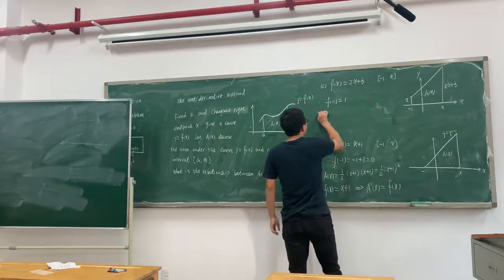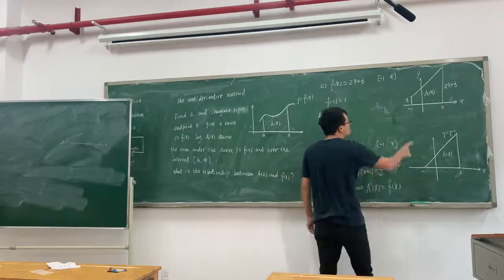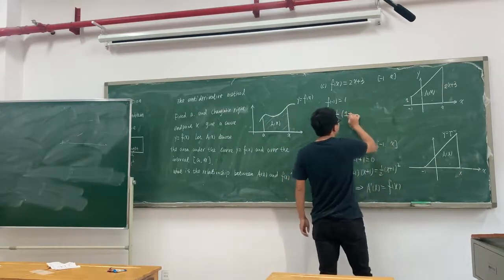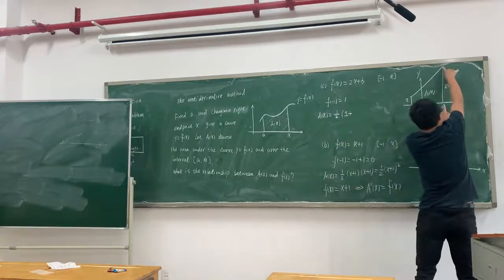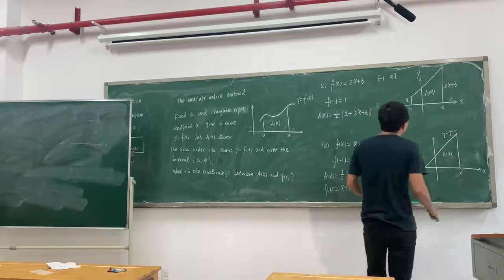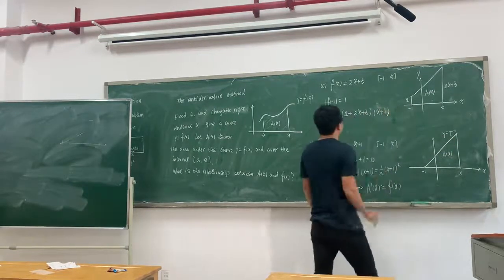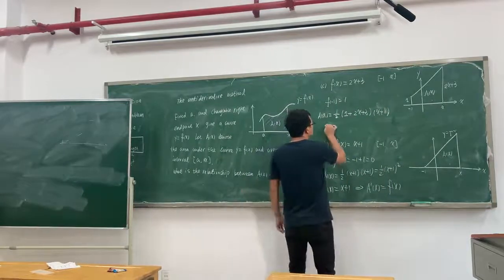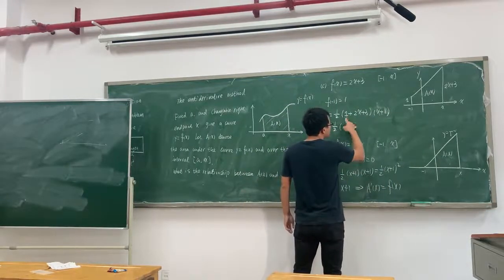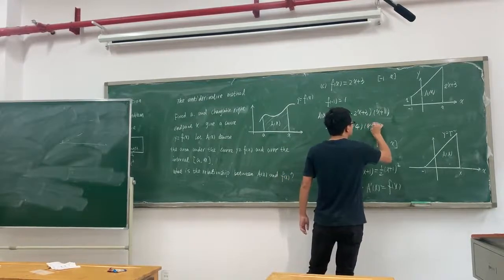So here we have A(x) equal to 1/2 times the upper base, which is 1, plus the lower base, which is 2x plus 3, times x plus 1. So here is 1/2, here is 2x plus 4, times x plus 1.